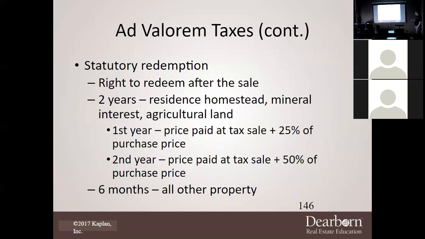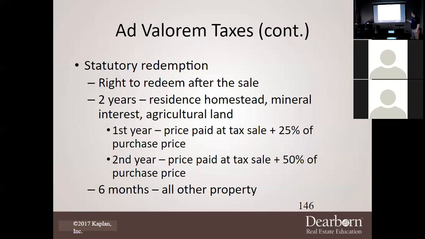Okay, guess what? If you don't do it in the first year, then the second year you come in, it's the price paid at the tax sale plus 50% of the purchase price. So what do you see here? The chances of you redeeming are what, Mr. Eugene? Because imagine if I bought your property at $100,000.